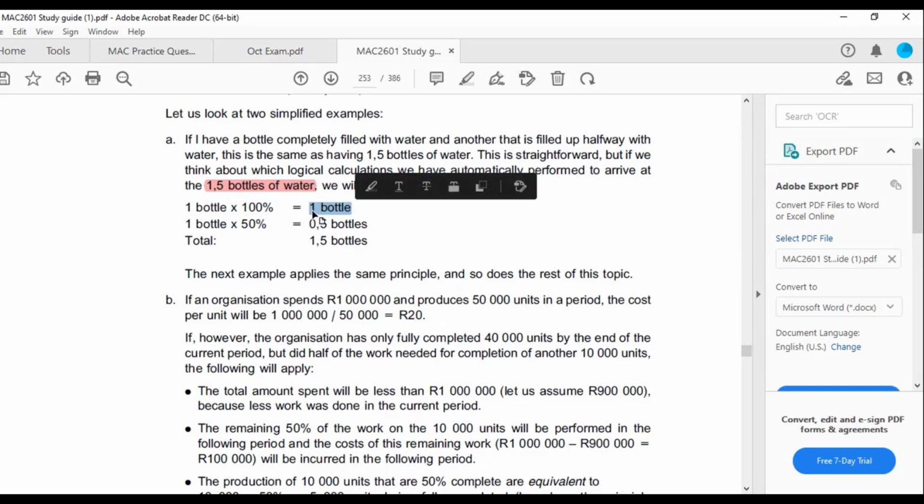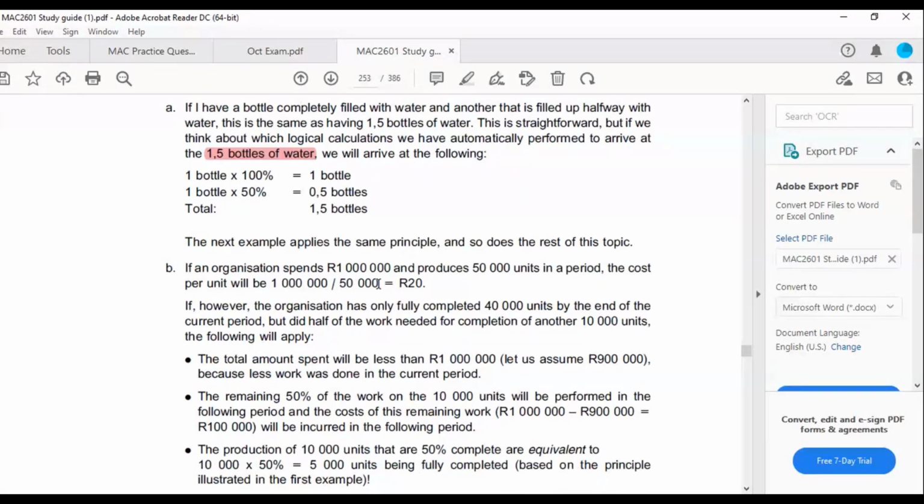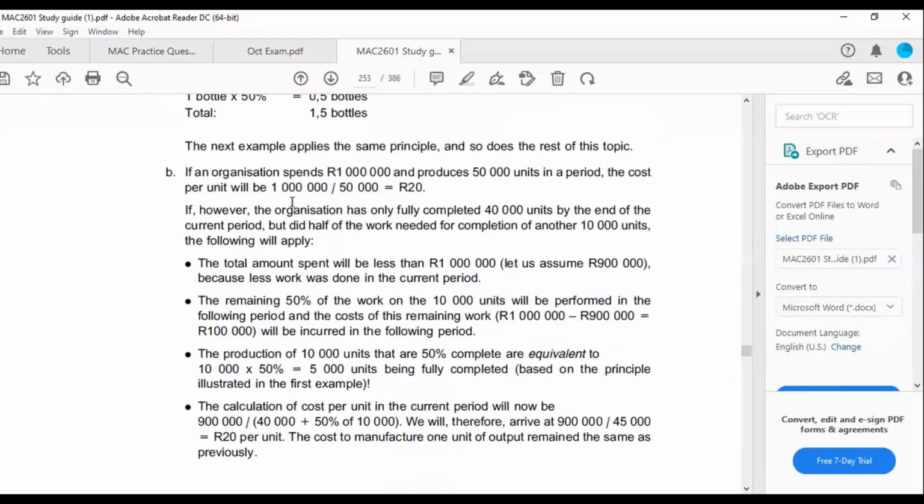So you will have 100% of the cost for that one bottle. But then there's the 0.5 situation. It's half filled, so now you have 0.5. You would then need to apportion the cost accordingly to these percentages.